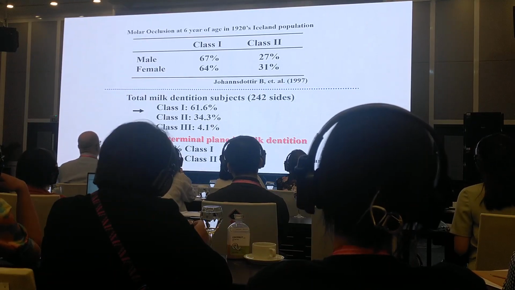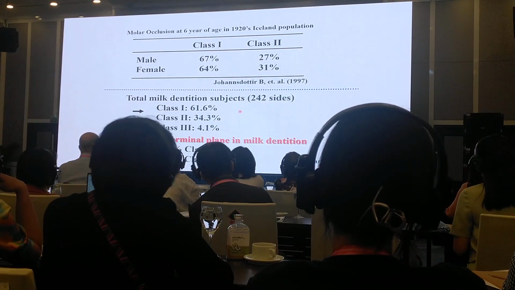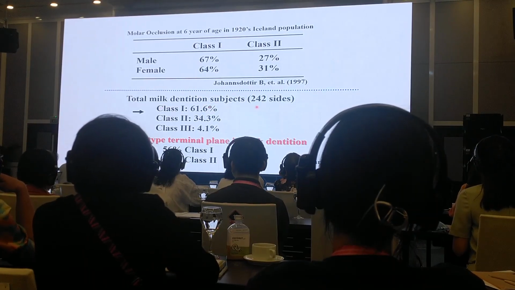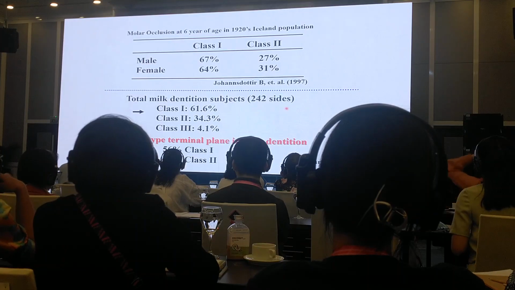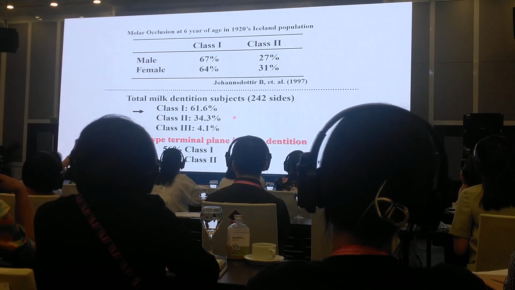Bishara published one paper in 1988. He checked 242 subjects with completed dentition, and he checked the milk dentition. 61% had a terminal plane of vertical type.